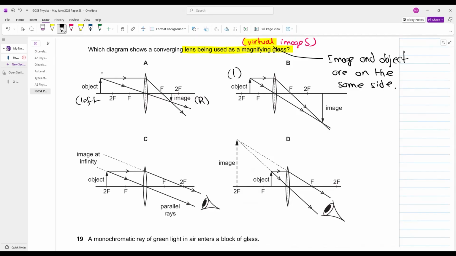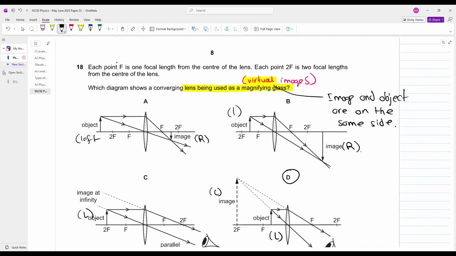Object is on the left side, image is on the right side? No, this is not a virtual image. Object is on the left side, you cannot find the image, image is at infinity. In D, look, object is on the left, image is also on the left. D is your answer for a magnifying glass.